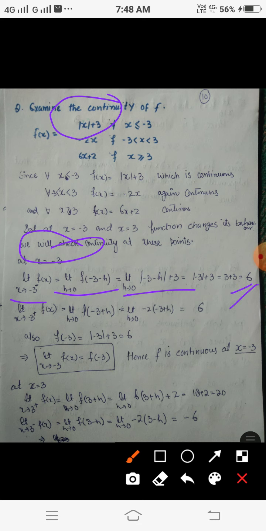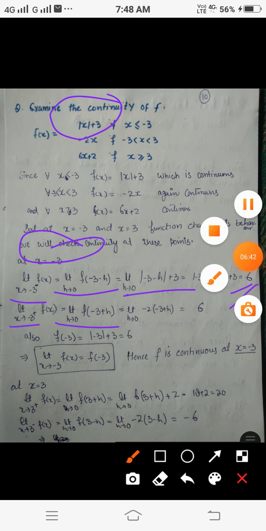Now the right limit at -3 is denoted by limit x tends to -3 positive, f of x, which is limit h tends to 0, f of -3 plus h. Now -3 plus h is the point which is greater than -3. For all the points which are greater than -3, f of x is defined by -2x.